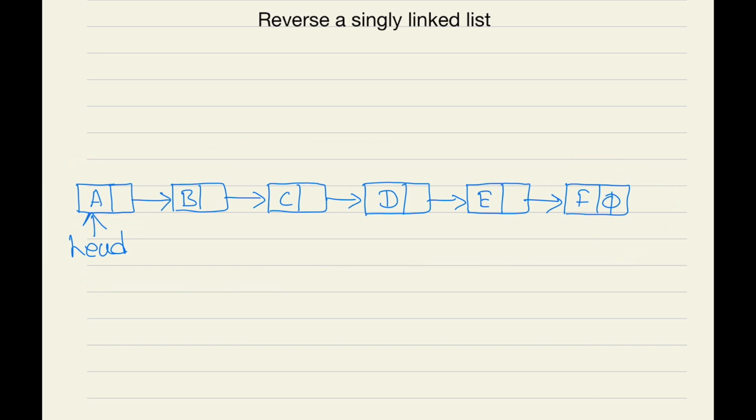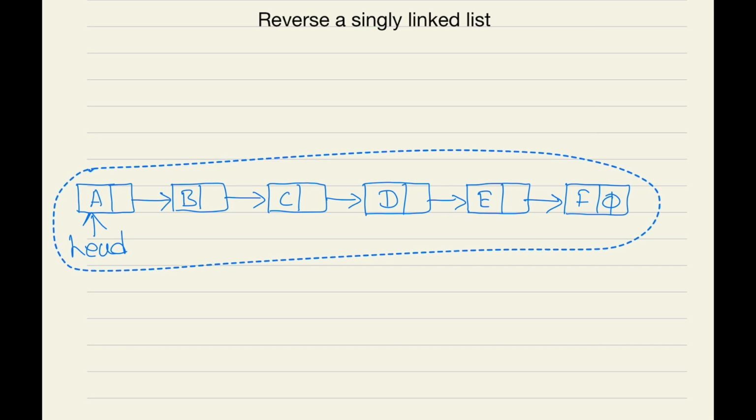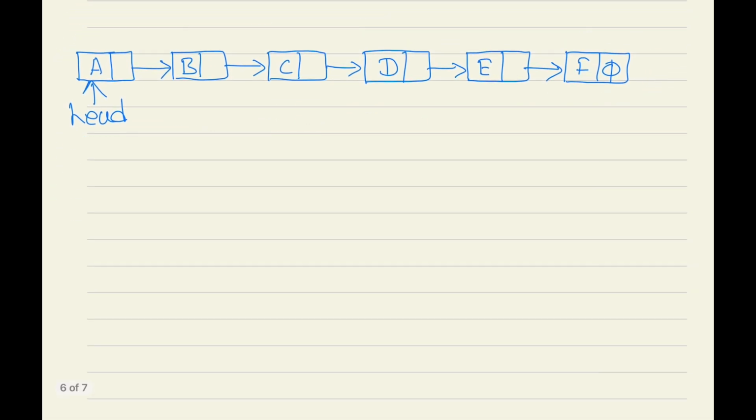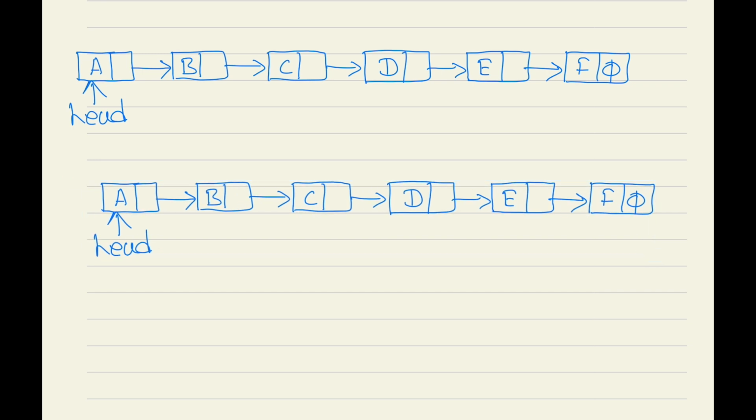So if we reverse the linked list, then what is going to happen? So just let us copy this one. So if we reverse this linked list, B is going to refer to A, C is going to refer to B, D is going to refer to C, similarly E refers to D, F refers to E, and here this null is removed.